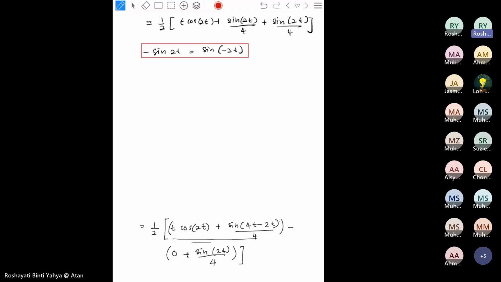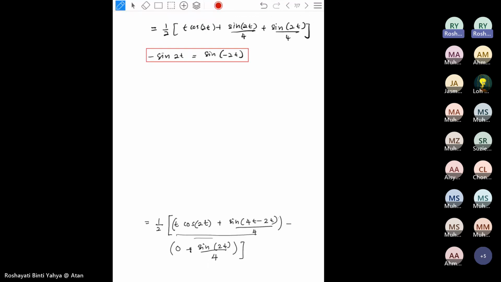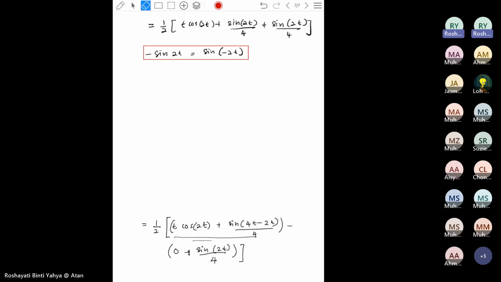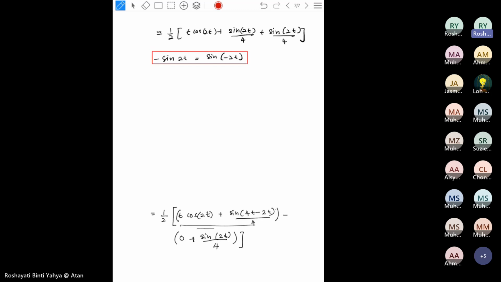Saya ada salah-salah lagi tak? So it actually starts with negatif tadi kan? Negatif sin negatif 2t, betul? Betul? Tadi negatif. Alright.